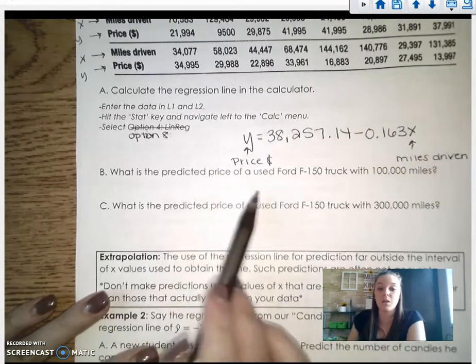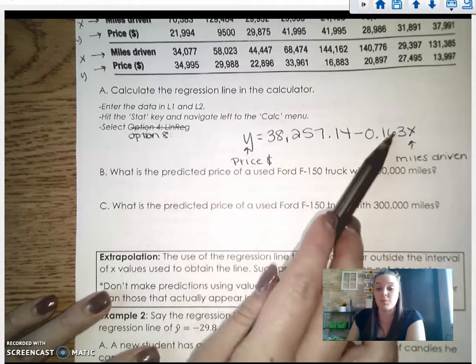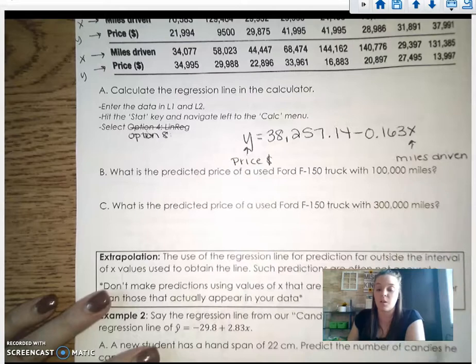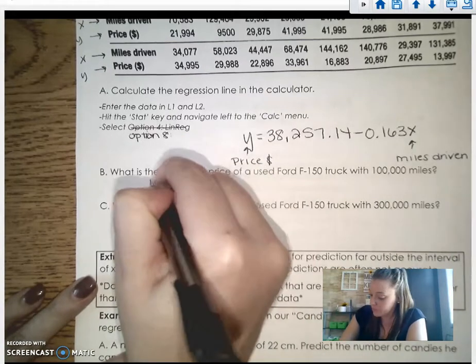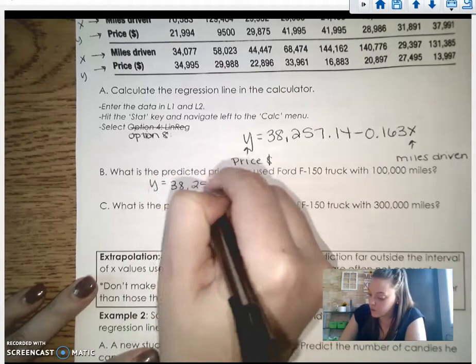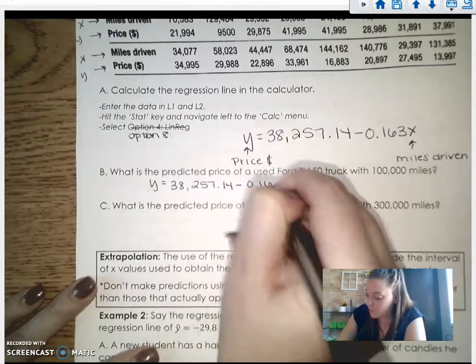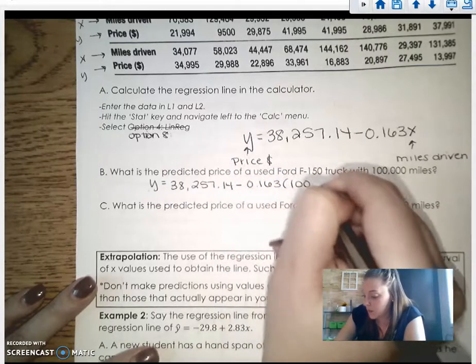They asked me the price for a truck with 100,000 miles. Because I've labeled my variables, I know I just need to plug 100,000 in for X. So y equals 38,257.14 minus 0.163 times 100,000.